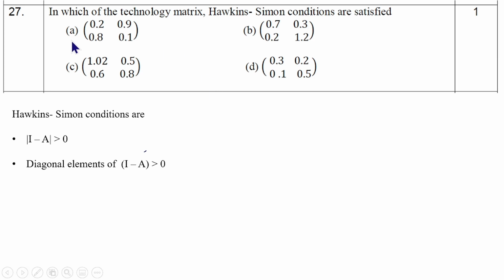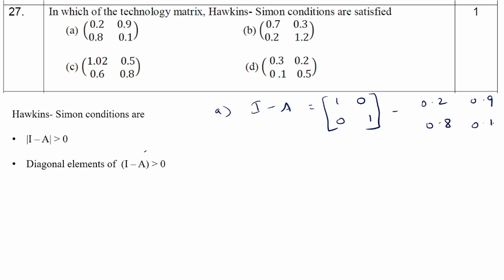So let us take the first option, option A. For that, let us find I minus A. So here I minus A is 1, 0, 0, 1 minus A, which is 0.2, 0.9, 0.8, 0.1. So this is equal to 0.8, minus 0.9, minus 0.8 and 0.9.